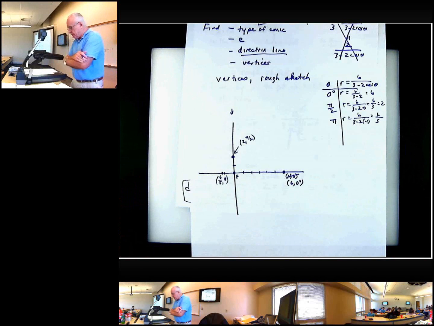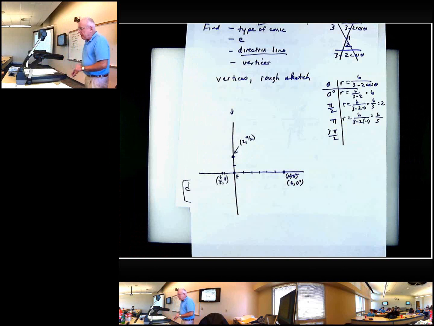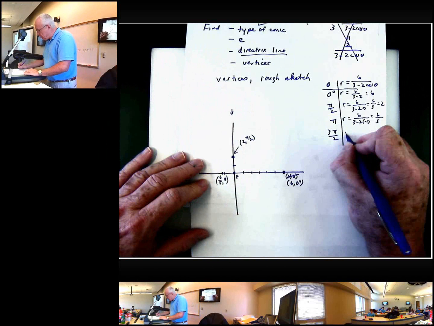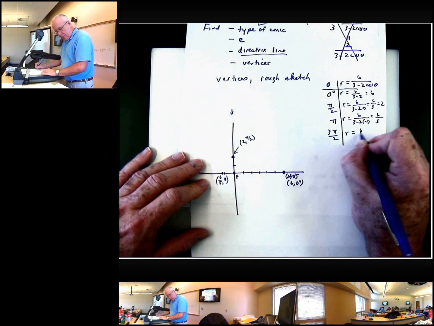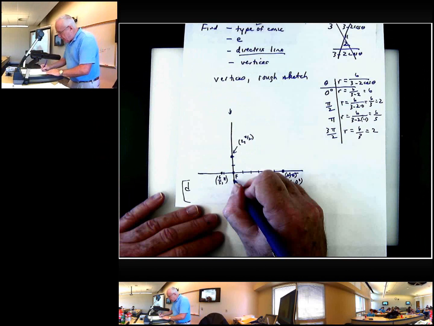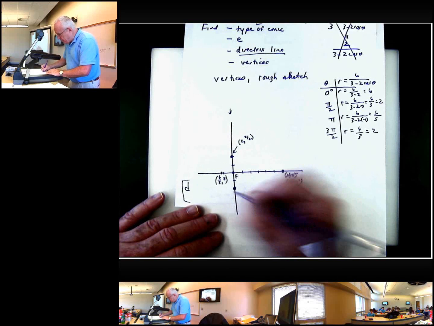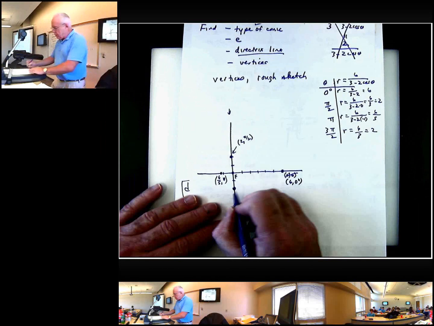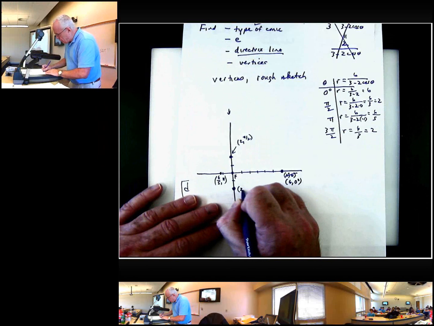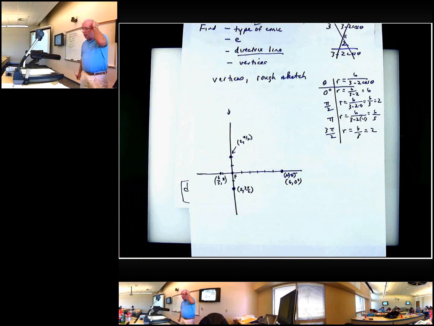All right. And then let's do 3 pi over 2, and again, for the cosine of 3 pi over 2, we're back to a cosine of 0, so we're going to get 6/3, which is 2. So let's go down here, 1, 2, and then this will be a point on our curve, and that is (2, 3 pi over 2) right there.